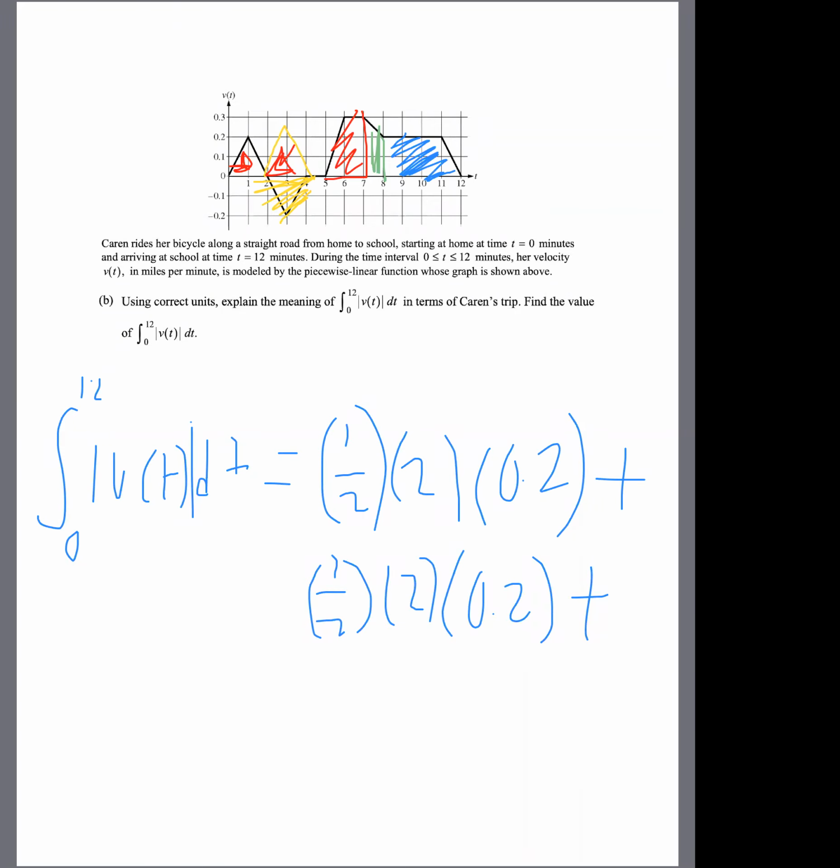For the trapezoid, I always get mixed up with the trapezoid. Remember, the formula is 1/2 times B1 plus B2 times H. Remember, the bases have to be parallel with one another. The bases have to be two lines that never intersect.